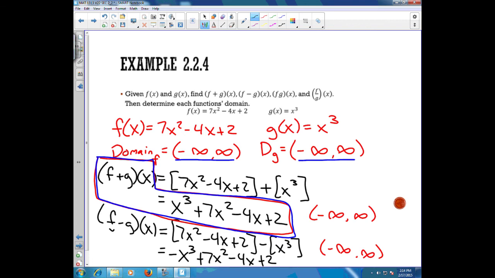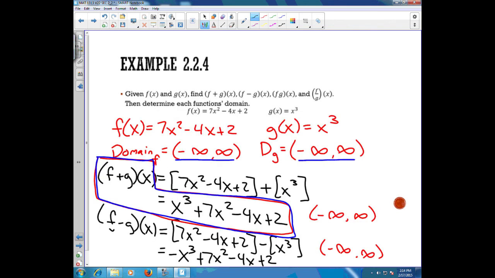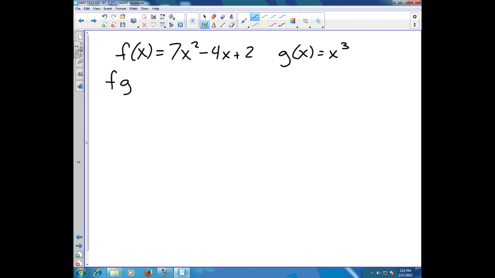Let's do f times g of x. And so we have f of x, 7x squared minus 4x plus 2, and g of x is just x cubed. And so we want to do f times g of x. That's 7x squared minus 4x plus 2 times x cubed.